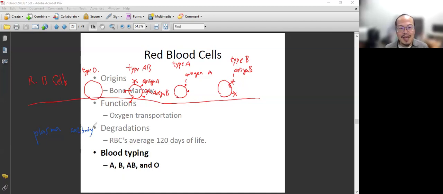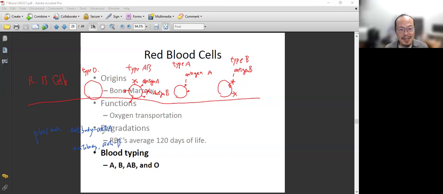For a type O person, he or she doesn't have the antigen. They have the antibody anti-A and antibody anti-B.